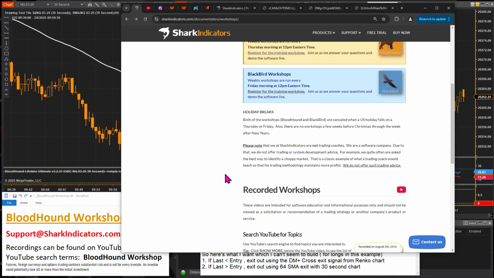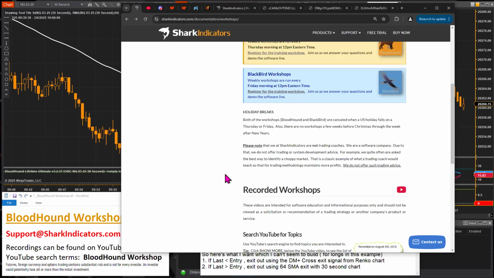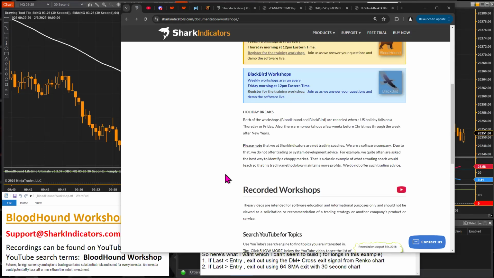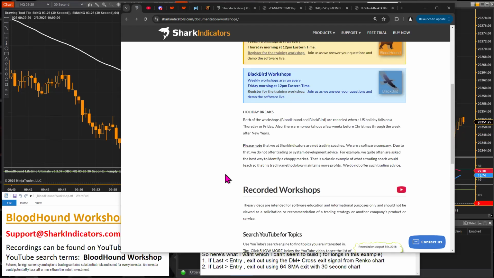If you place your entry order in such a location that it doesn't get filled, then obviously you can move your entry order around and manage it discretionarily. Or if you're submitting a market entry, then Blackbird does allow you to manually move your exit orders around as you see fit.